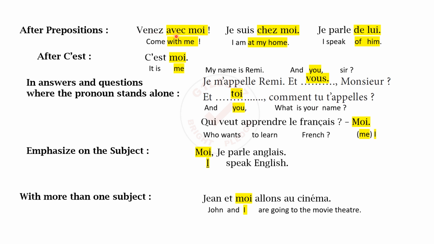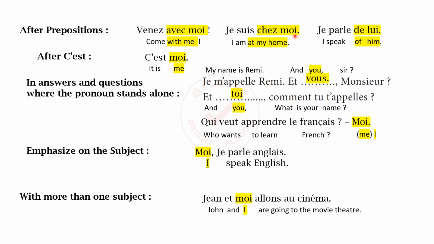Venez avec moi, come with me. Similarly, in the next sentence, you have the preposition chez, which means at the place of. Je suis chez moi, meaning I'm at my place, I'm at my home. Again, chez is followed by the stressed pronoun moi.